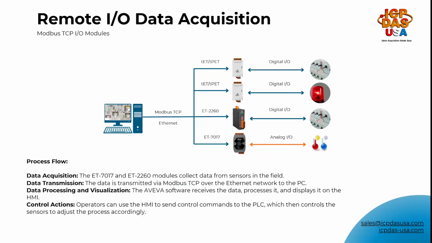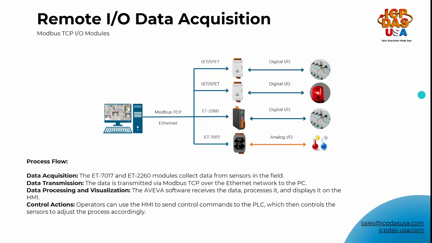This diagram depicts a simplified representation of a data acquisition and control system within an industrial setting. It showcases how various components are interconnected to monitor and control a process. We'll delve into the key elements.